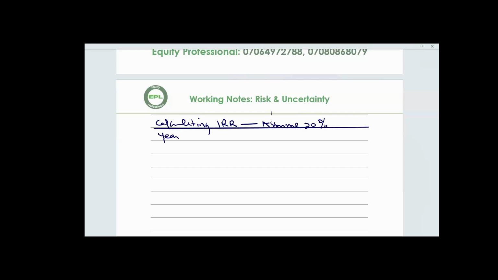Here: item, cash flow, discount factor at 20%, PV, year 0, 1 to 10.